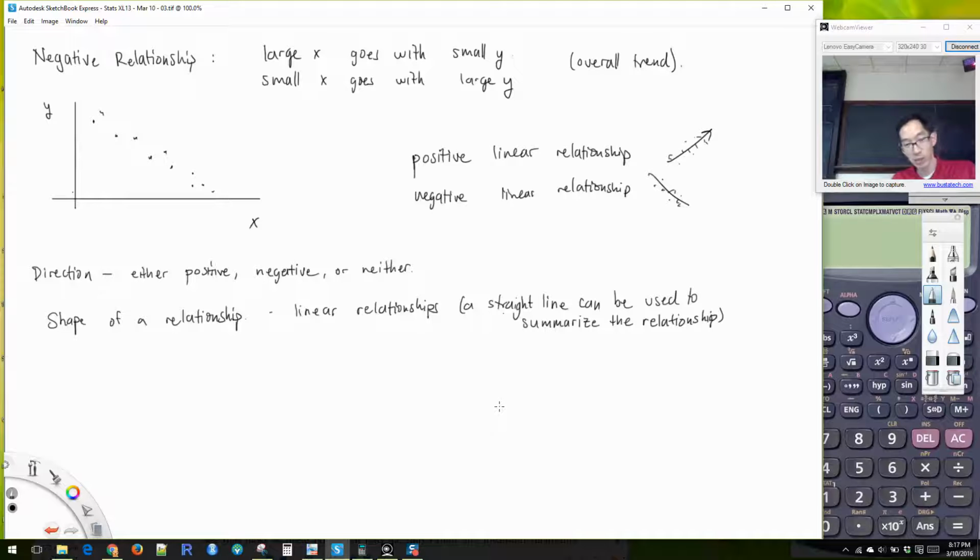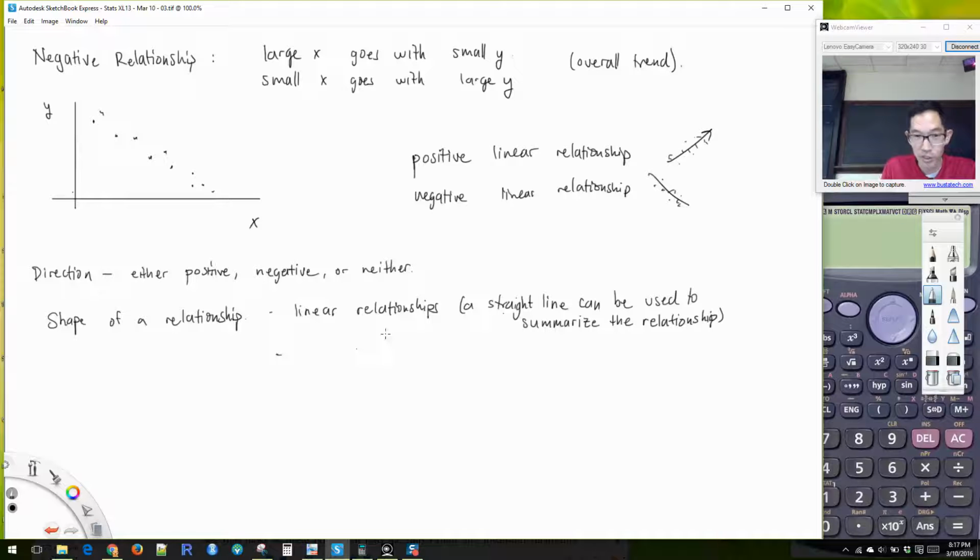Now, if you take a course devoted to regression, you'll probably get into all of the other shapes that exist, like quadratic relationships and exponential relationships. But we're spending 1 week on this topic, whereas you could take an entire course devoted to regression.